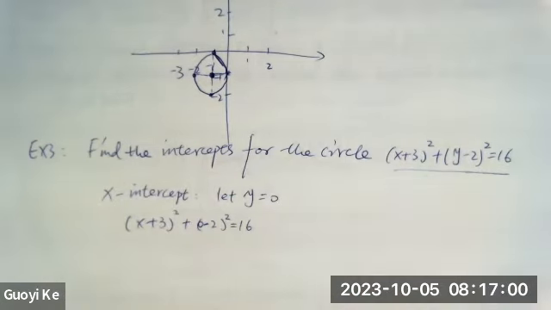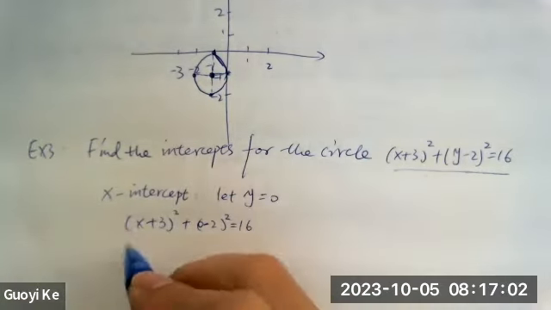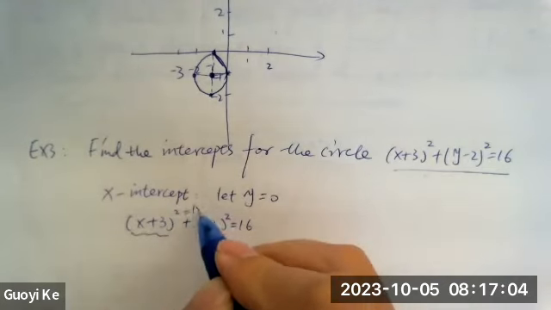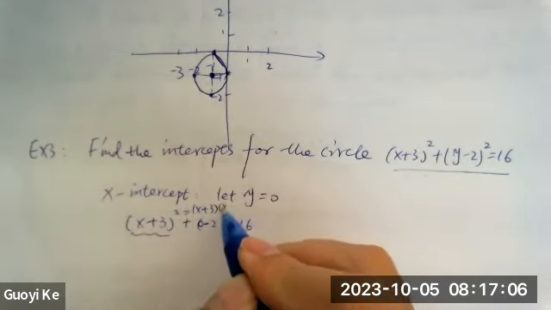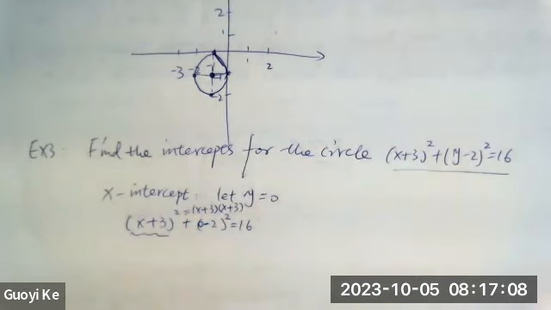Okay, now we're going to simplify it. For this guy, we can write it as (x + 3)(x + 3), right? (x + 3)² is equivalent to (x + 3) times (x + 3). Now you can do the distribution.